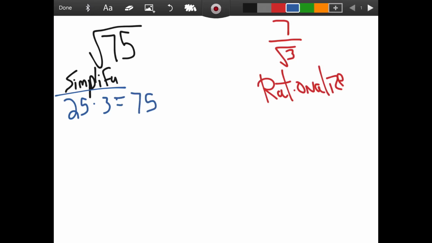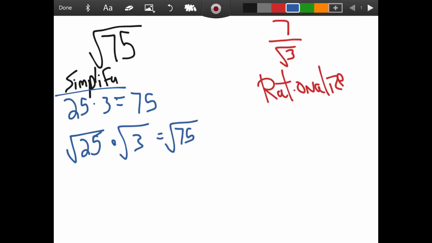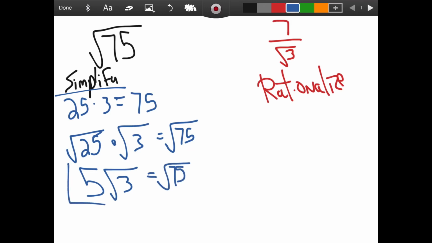Likewise, we can also say that the radical of 25 times the radical of 3 equals the radical of 75. Now, 25 is a perfect square, so taking the radical of 25, that's equal to 5. So 5 rad 3 is the simplified version of radical 75. So this would probably be a multiple choice question that would look like this. Okay?